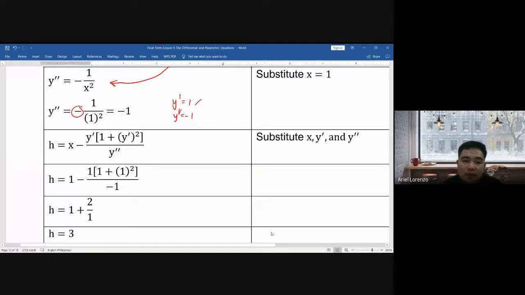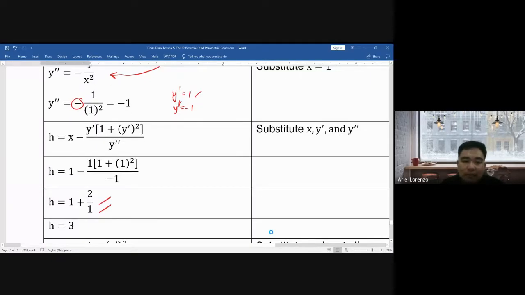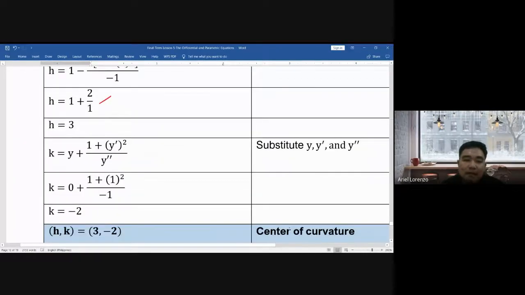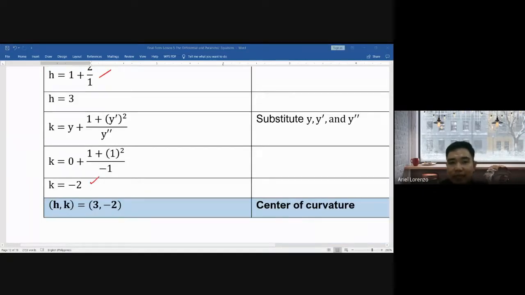From there, makuha mo is 1 plus 2 all over 1 or that is 3. For our k naman, that is y plus 1 plus y prime squared over y double prime. So 1 plus y prime is 1. Ang y mo is 0, all over negative 1, and that is equal to negative 2. So our center is 3 and negative 2.